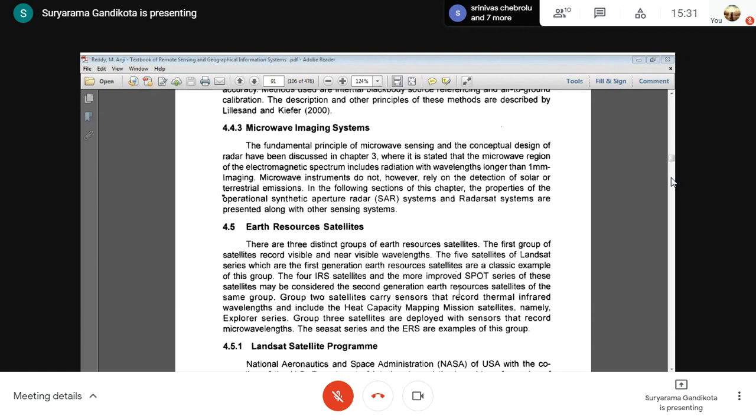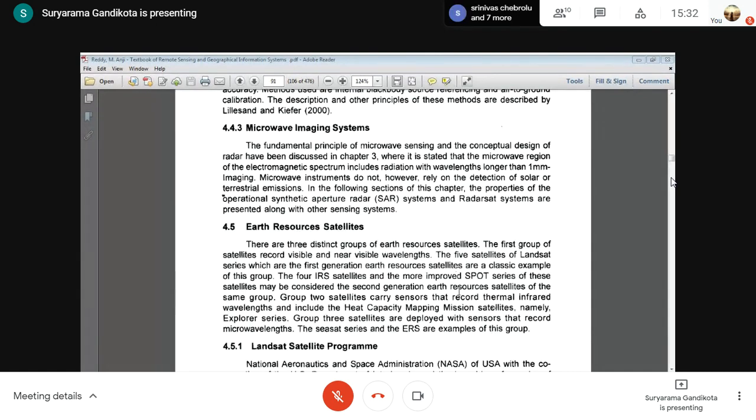Next one is Earth resources satellites. There are three types of Earth resource satellites.